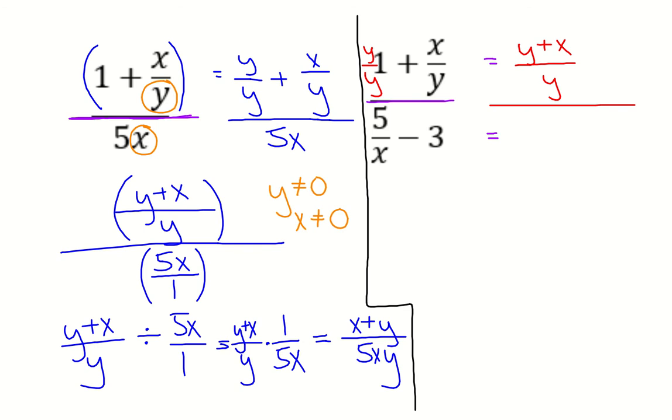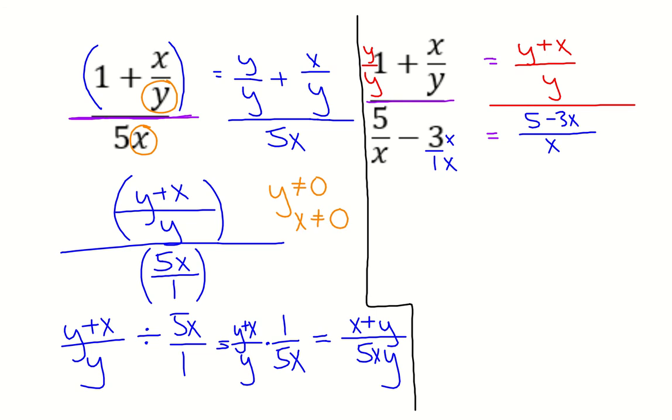The bottom part of this problem, the denominator here, would have a common denominator between x and 1. That common denominator would be x. So I would need to multiply by x over x for my second term on the denominator, and that would give me 5 minus 3x divided by x.